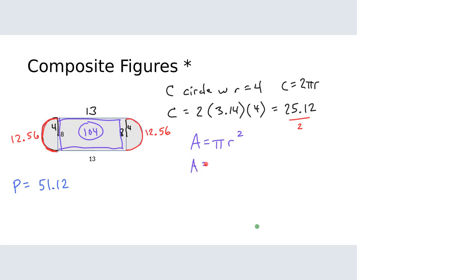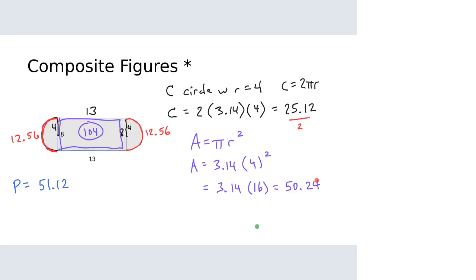So let's see, that's 3.14 times the radius, which is 4 squared. Got to remember order of operations. Do the squaring first and the multiplying after. So that'll be 3.14 times 16, which is 50.24.